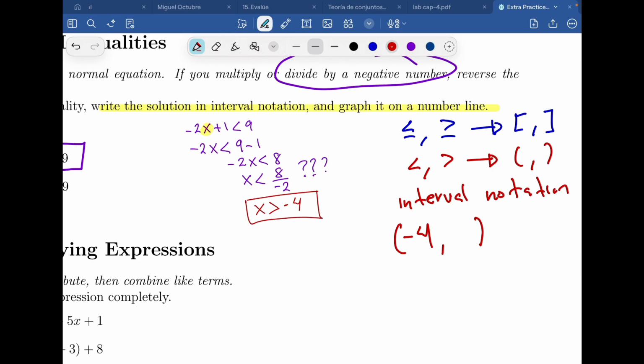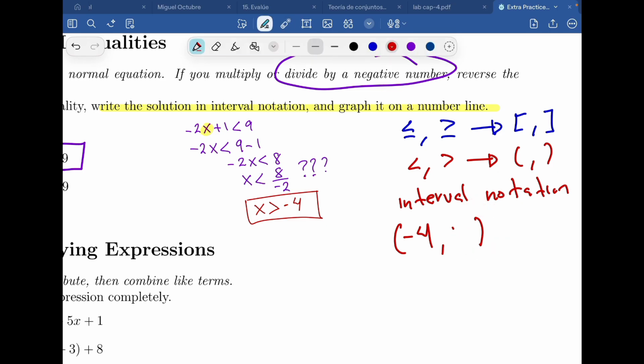So what is the value? This is greater than minus 4, but less than what? Until the infinite, okay? Because we cannot touch or reach the infinite, we use parentheses.